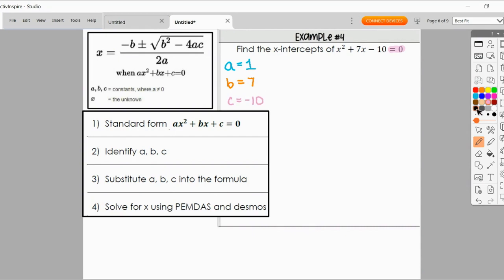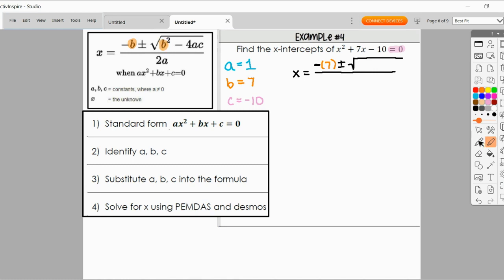Now that I have this, I'm plugging it into the quadratic formula. I'll keep x equals with my fraction. I'll keep the negative, but in place of b, I'm going to go ahead and put a parenthesis 7. Make sure to use parentheses when you're substituting these numbers in for the letters, because we're changing this whole formula to all letters.